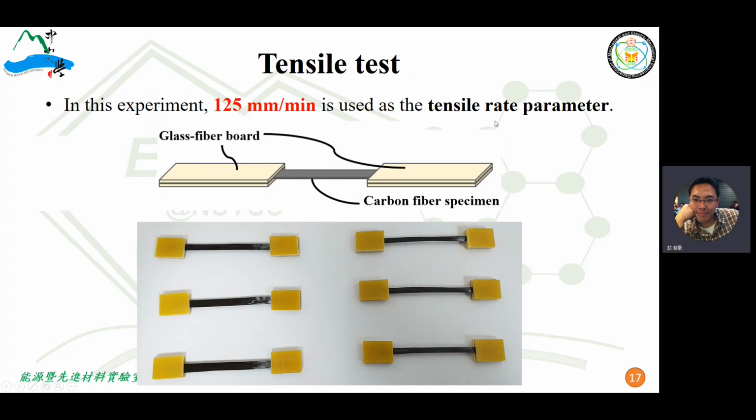This is our sample, already coated. This is the CCFC or the GRCFC. We use the glass fiber board to glue and fix it, to prevent slipping during the tensile test.